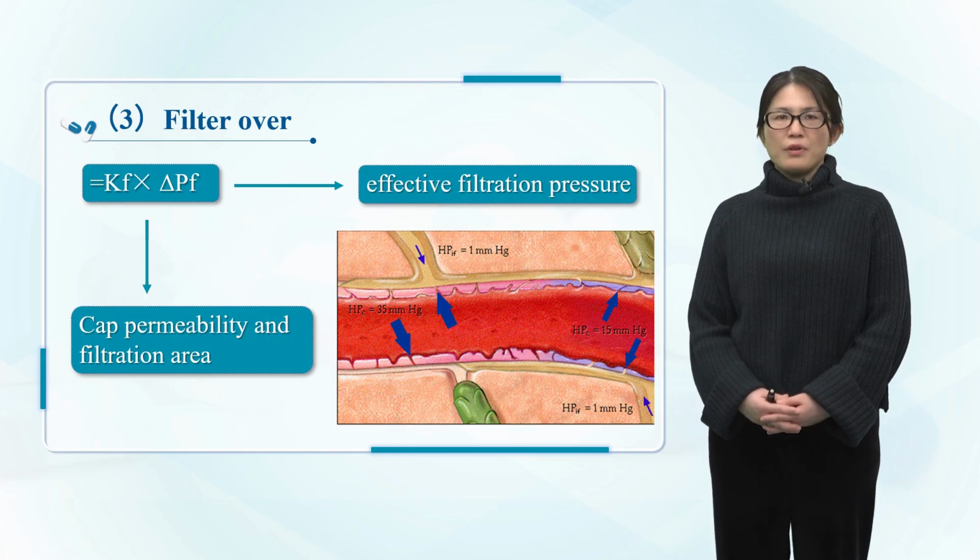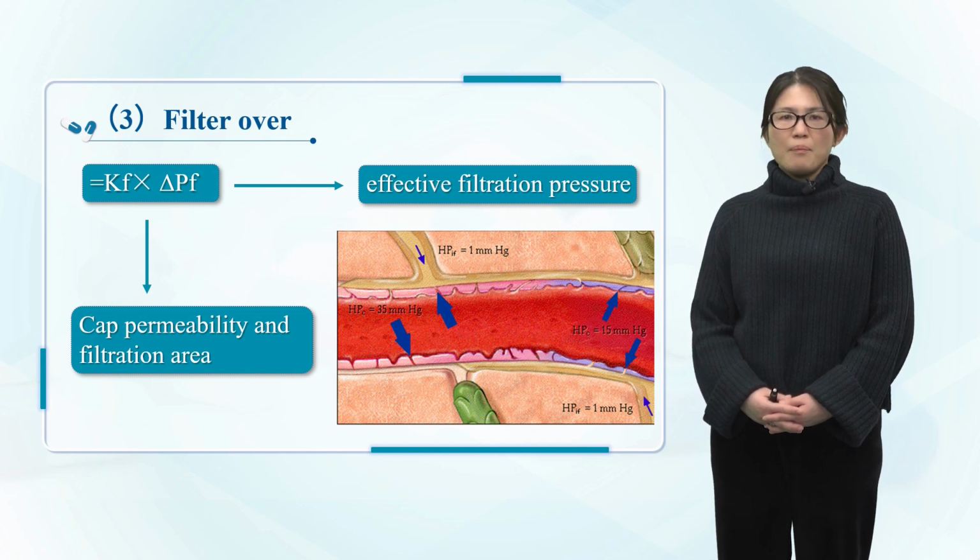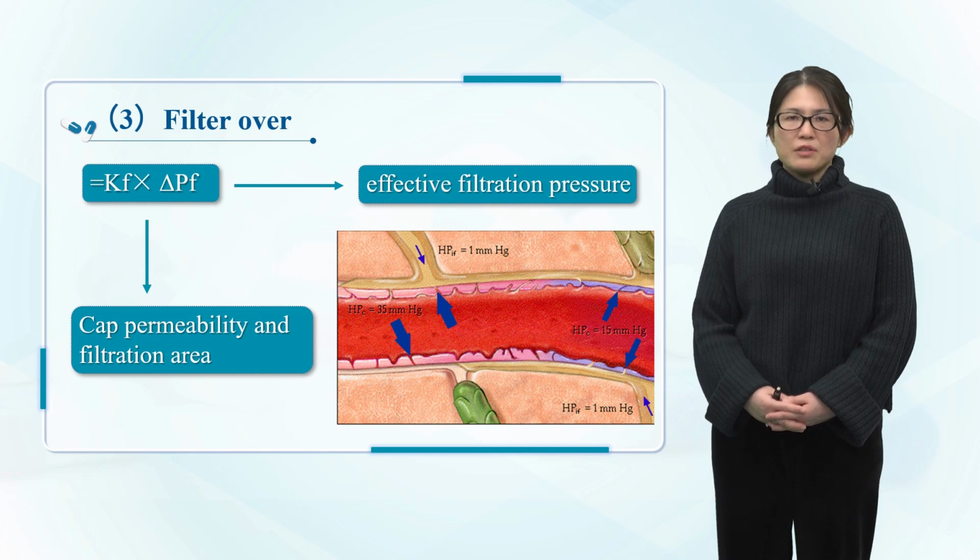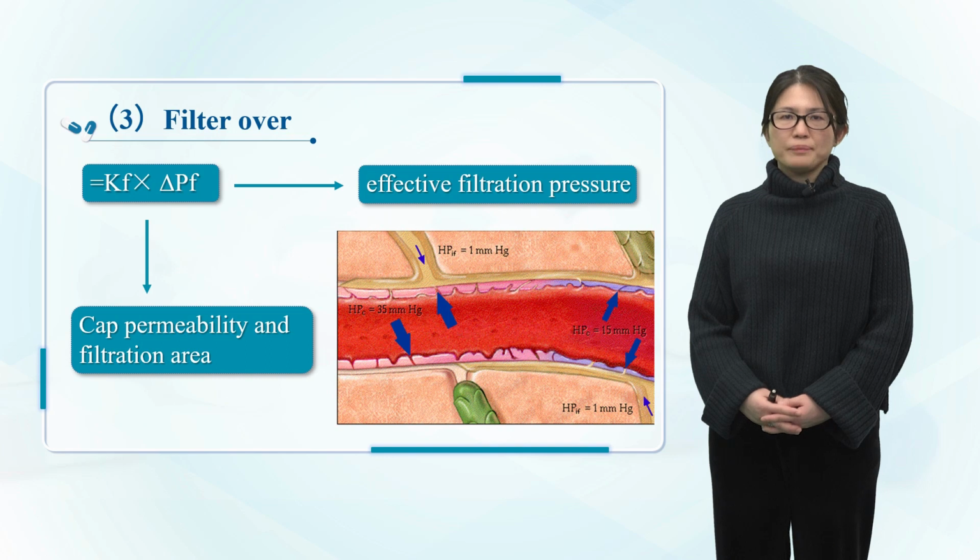The size of the filtration coefficient depends on the liquid permeability and filtration area of the capillary wall. The capillary filtration coefficients of different tissues are very different. The filtration coefficients of brain and muscle are very small, while those of liver and glomerulus are very large.